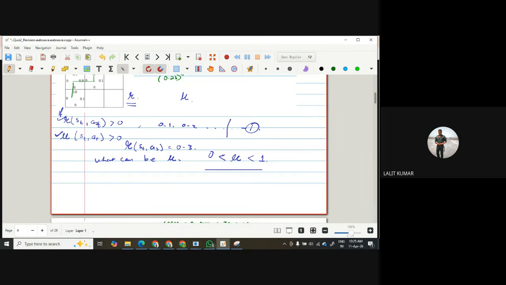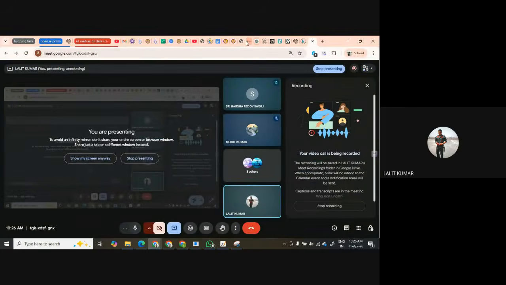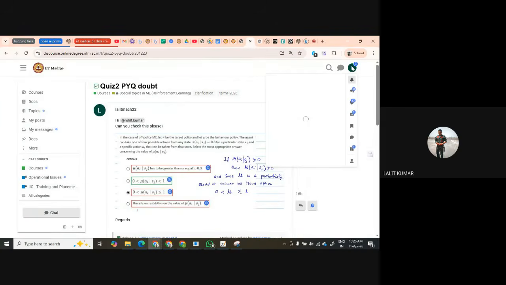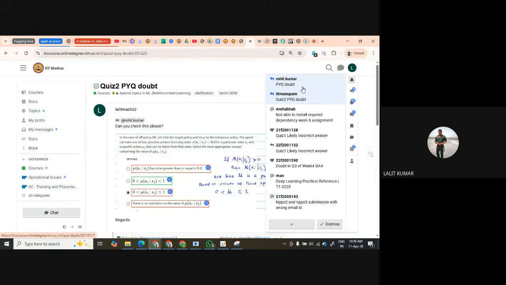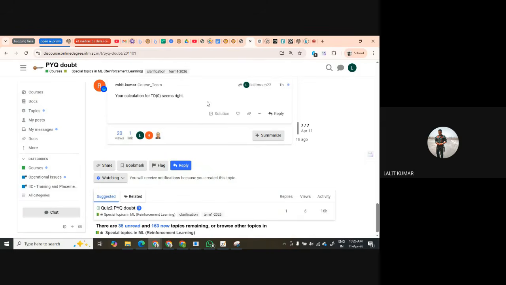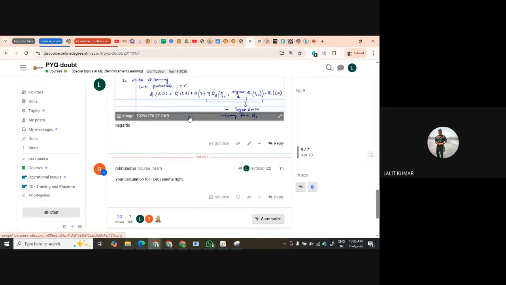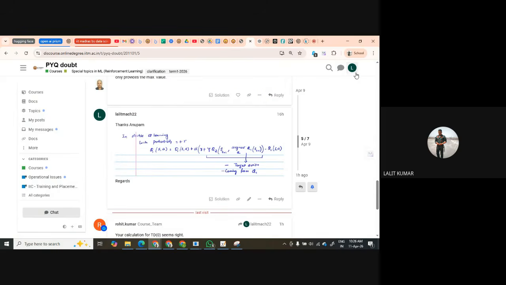So I have asked a question in the discourse about why it is not less than or equal to 1. I'm waiting for that reply. I think Rohit has replied. I'll just check. So there is a reply to that. Rohit Kumar, yes. He has given an answer.